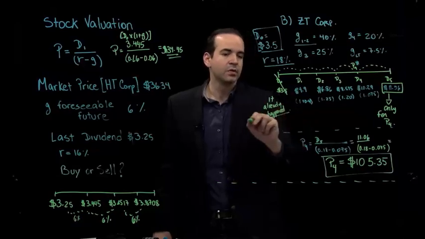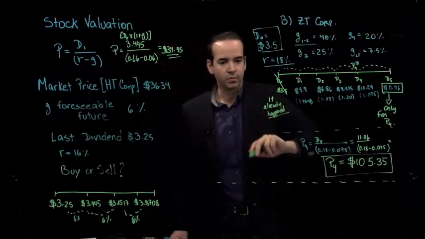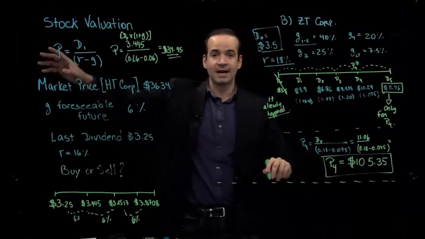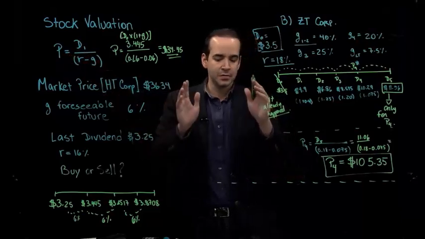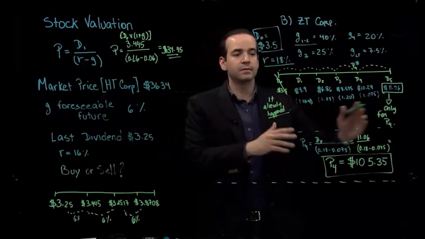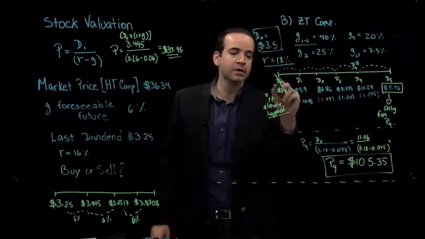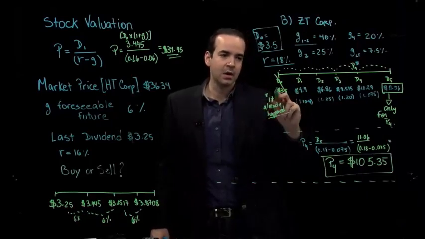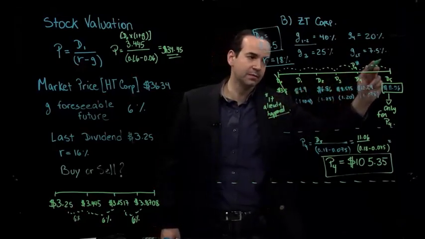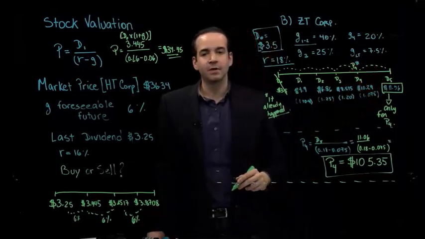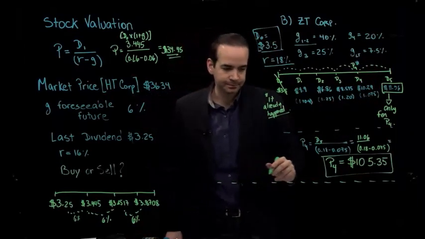The value of an asset is the present value of all of the future cash flows. If this already happened, we can ignore this. But D1, D2, D3, D4, and P4 have not occurred yet.